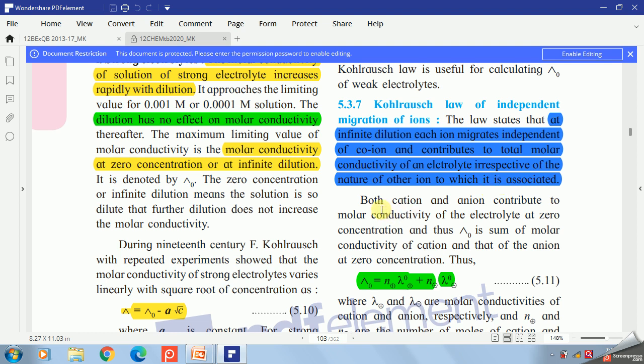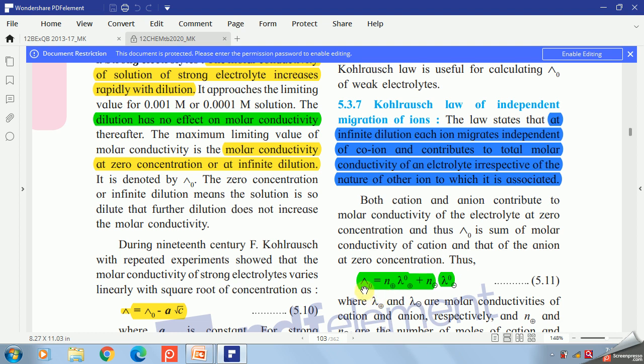Both this cation and anion contribute to the molar conductivity of that electrolyte at zero concentration, and thus lambda 0 is the sum of the molar conductivity of the cation and that of the anion at zero concentration or at infinite dilution.